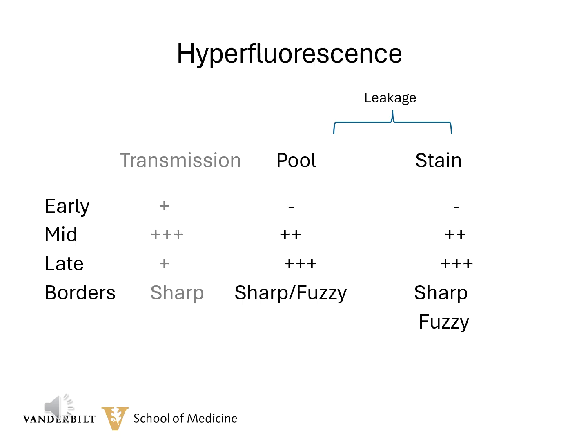So this is different from transmission defects, which in the late phase begins to fade. Now, depending on where the pooling is, the borders can be sharp or fuzzy, and what tissue that it stains can also be either sharp or fuzzy, whereas the borders in transmission defects are always sharp.